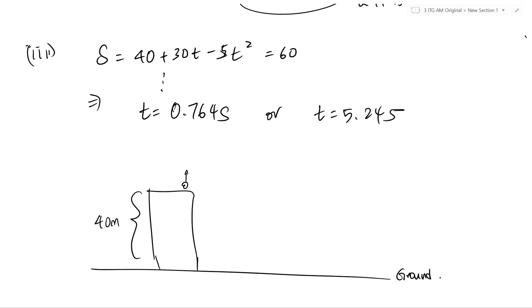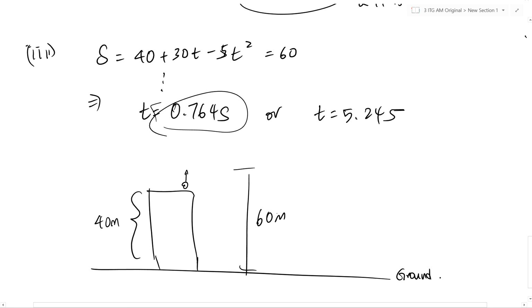So over here, when time equals 0.764 seconds, it has a displacement of 60 meters. So this is the point when time equals 0.764 seconds.